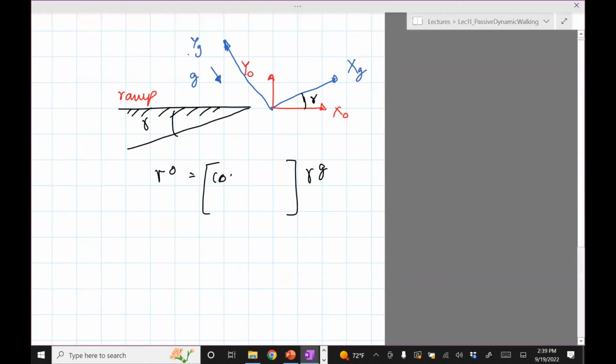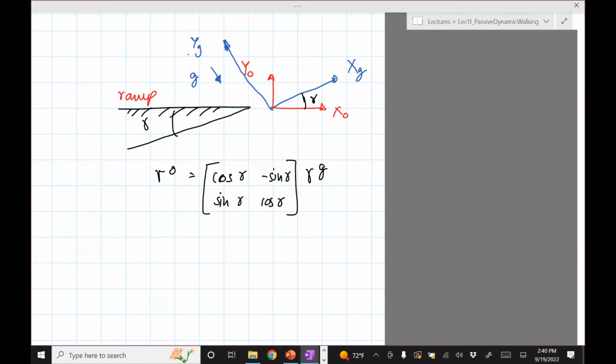So cosine gamma, minus sine gamma, cosine. Right, this is going back to some of the earlier derivation I did about how the rotation matrix is related between two frames. As long as you can identify the angle between x of one frame and another one, you can write that relation between the two.